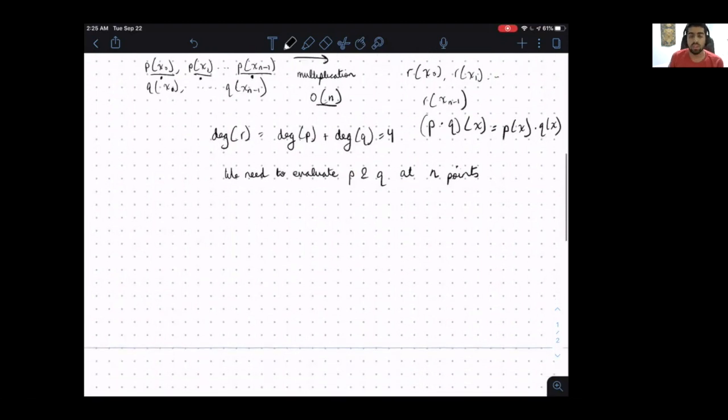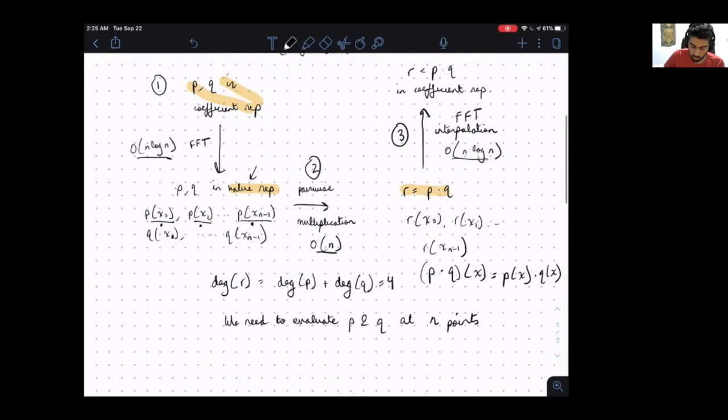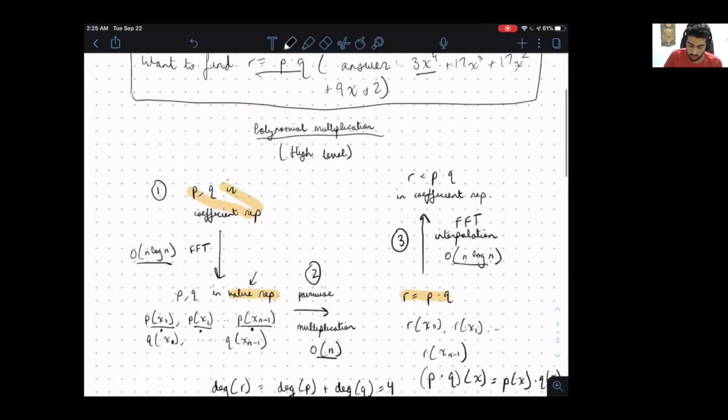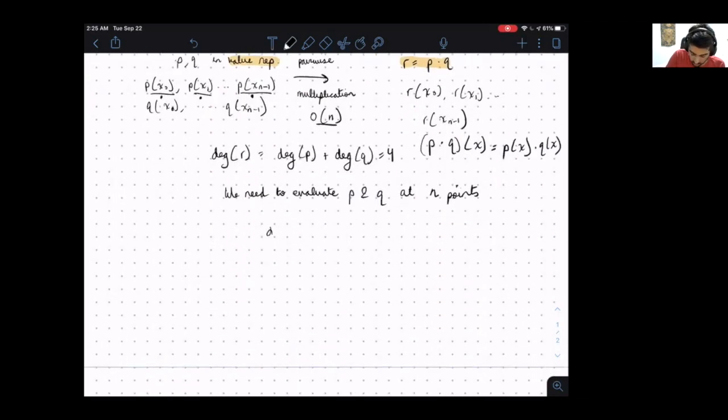So let's think of what the degree of P times Q is going to be. Well, we know that P has degree 2, which is this x squared term, and we know that Q also has degree 2. So the degree of P times Q is going to be 4. I'm just going to write that down. So the degree of R, which is the degree of P plus the degree of Q, is going to be 4.